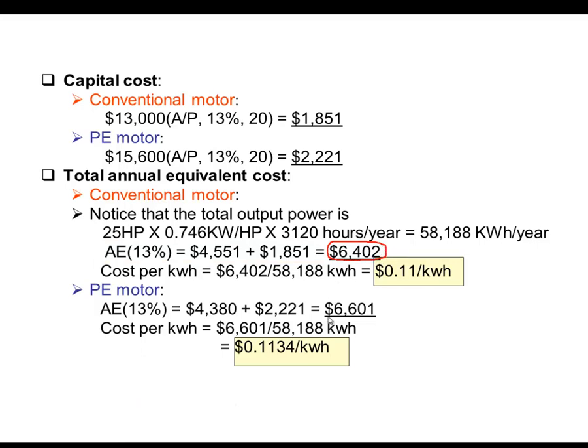While for the PE motor, with 13%, it will equal 4,380 plus 2,221, and that will equal $6,601. So the cost for the standard is less than the cost of the PE motor.